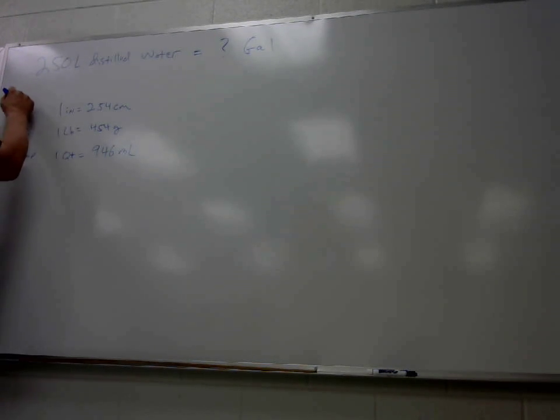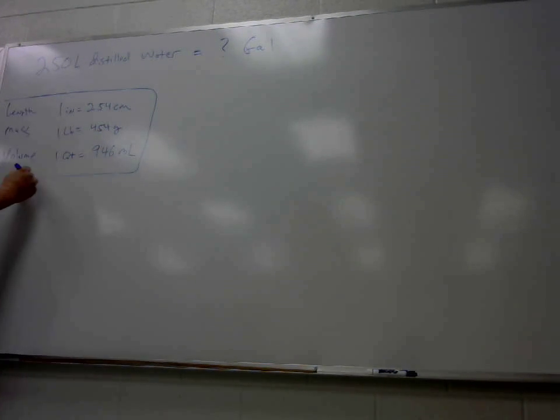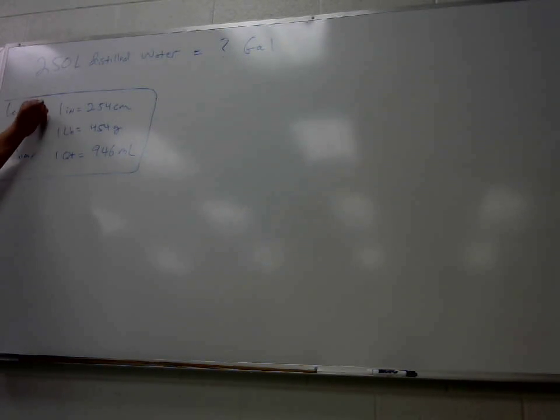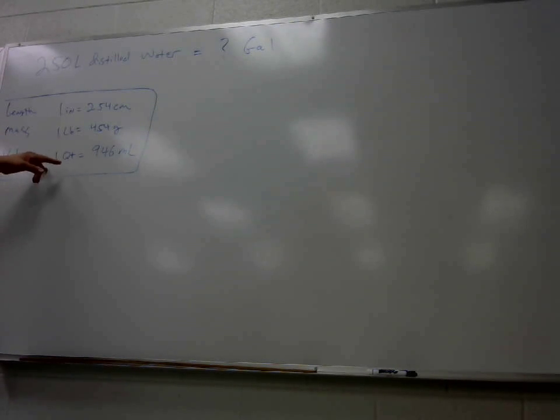The reason it is important to learn one for each dimension and stick with it is because there are several different ones. I could think of 4 or 5 for mass off the top of my head. 1 ounce is equal to 30 grams. For length, 1 meter is equal to 39.4 inches is another one. For quarts, 1 liter is equal to 1.06 quarts.